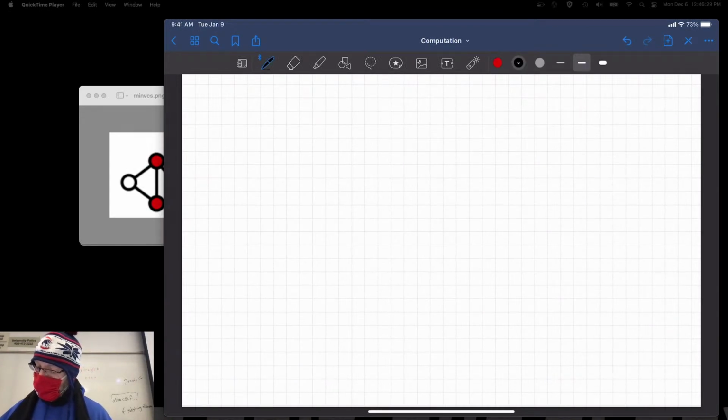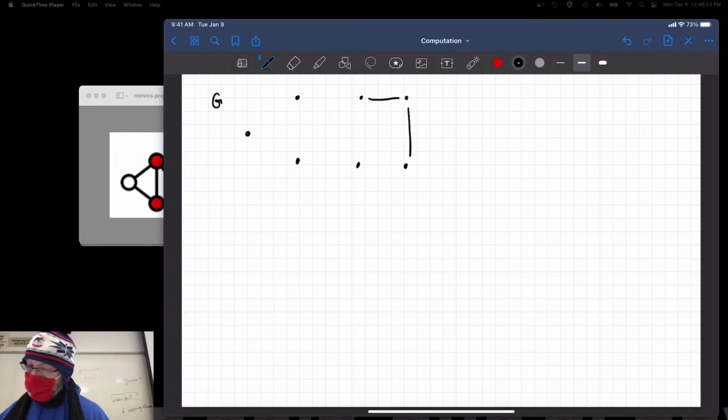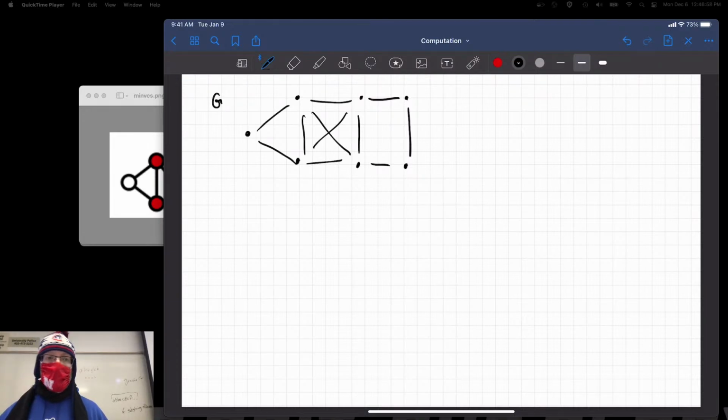So here's G. I don't even need to label these. So there's 1, 2, 3, 4, 5, 6, and 7. And suppose the topology looks like this in the original graph.